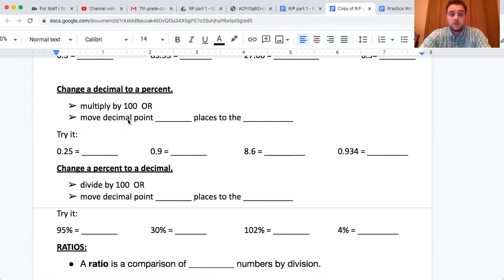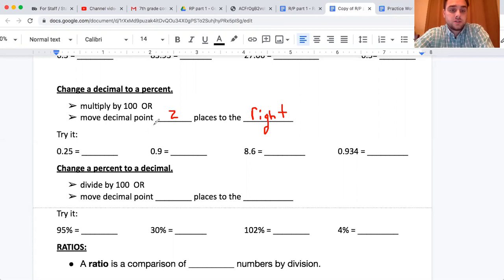Or you can move the decimal point 2 places to the right. Okay, so you're going to move your decimal point 2 places to the right, or you can multiply by 100. Well, for the sake of the video, we'll go ahead and do our second one.